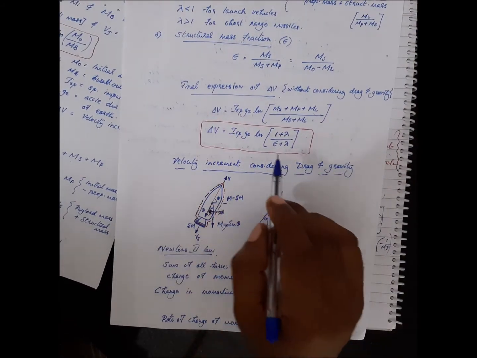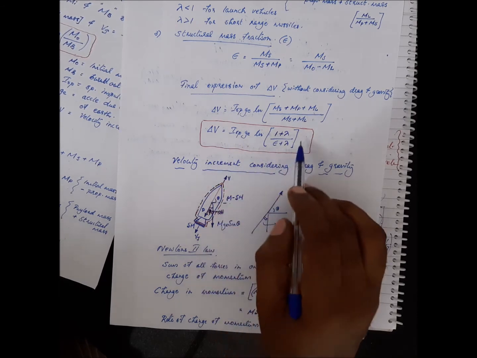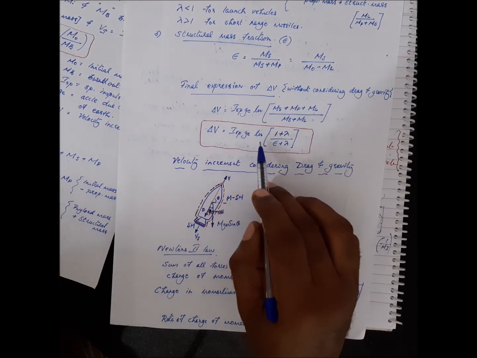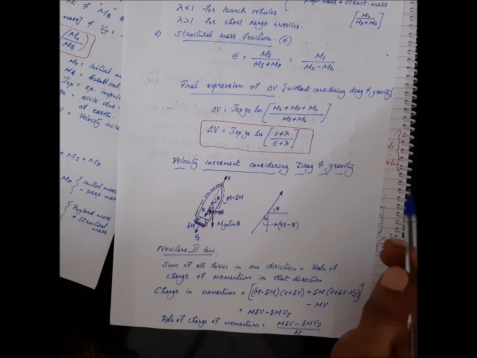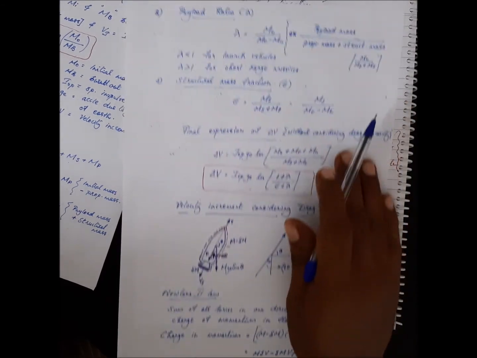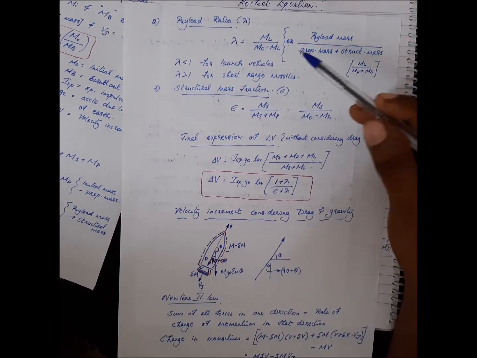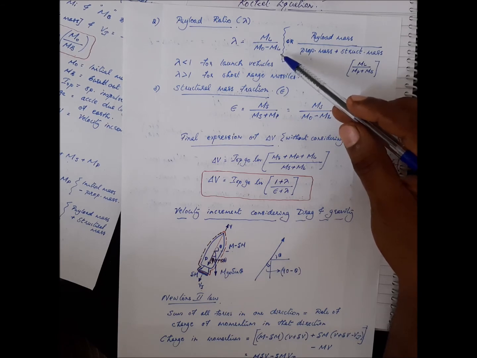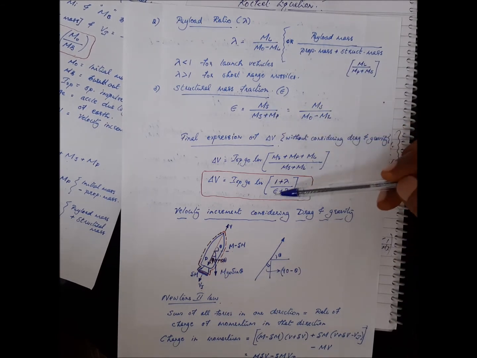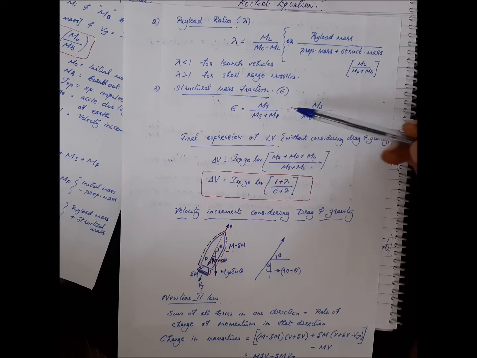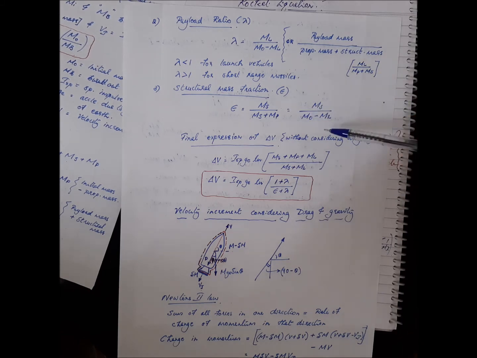And you need to learn by heart this equation to do the problems: Isp g ln of 1 plus lambda over epsilon plus lambda. Lambda is the payload mass divided by the initial mass minus the payload mass, and epsilon, the structural mass fraction, is the mass of the structure divided by the same amount.